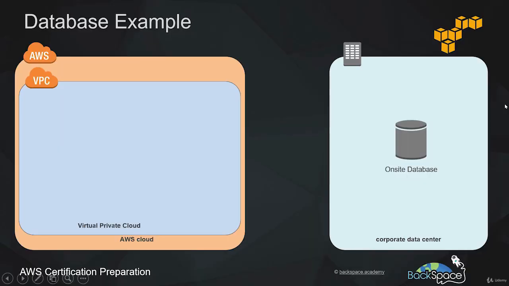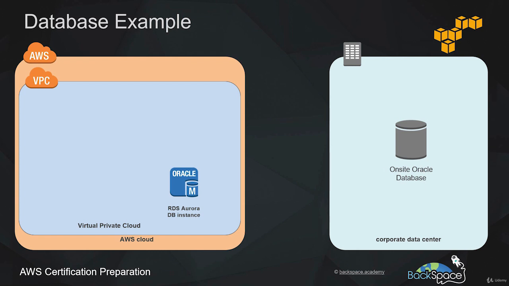So let's have a look at how we could use these database services. Let's say we have an on-site Oracle relational database, and we want to migrate that over to Amazon Aurora on the AWS cloud. The first thing we could do is to launch an RDS instance in our virtual private cloud.